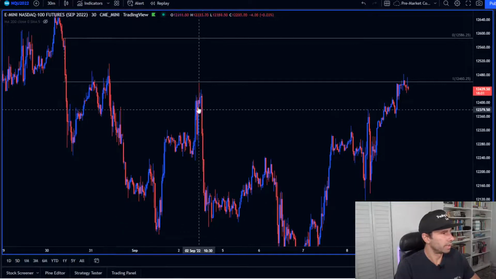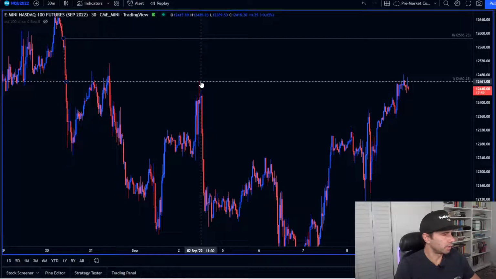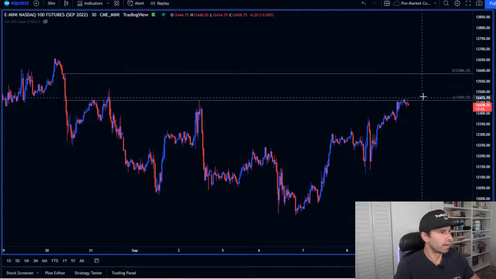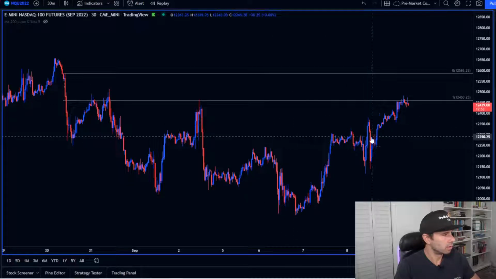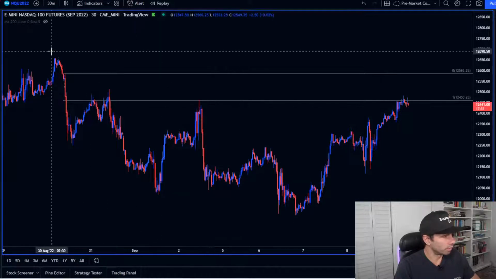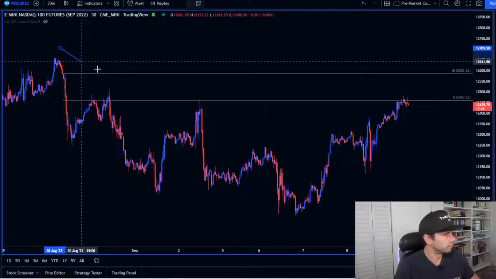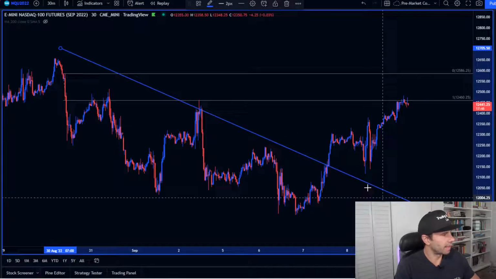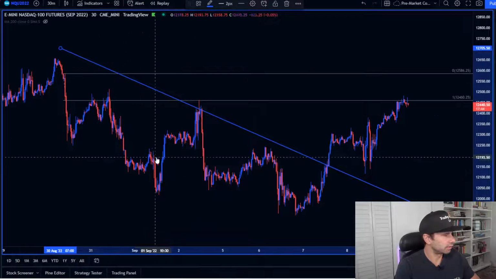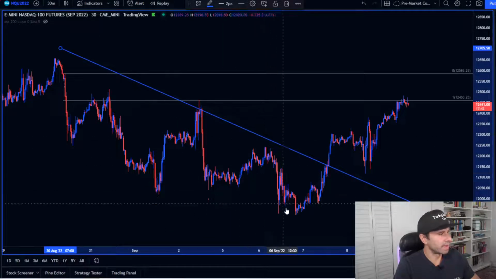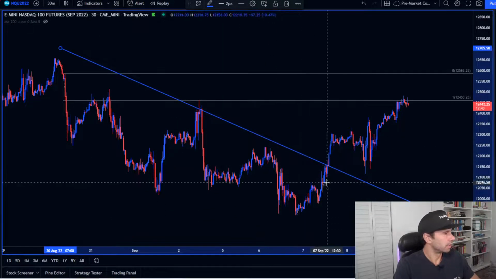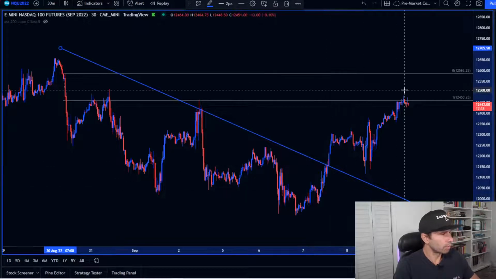Okay, we came here a few days ago, and then we're back into this thing. Now, what I don't like is that we broke this type of downtrend or bear flag pattern, the stair step down patterns. Now we broke to the upside.